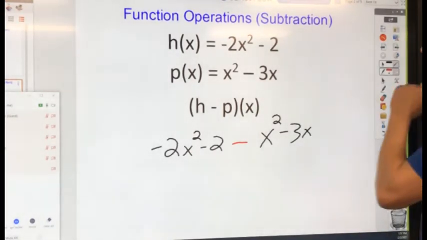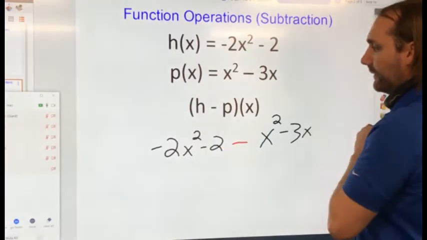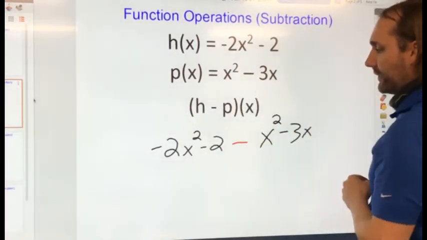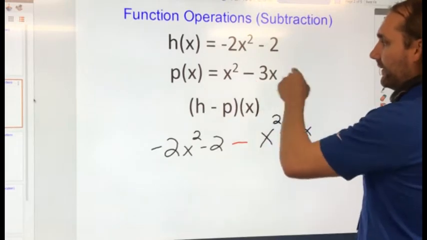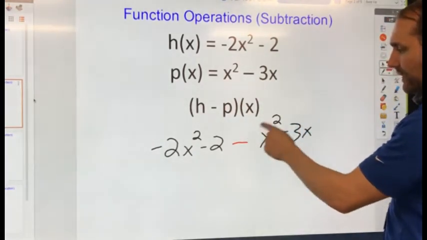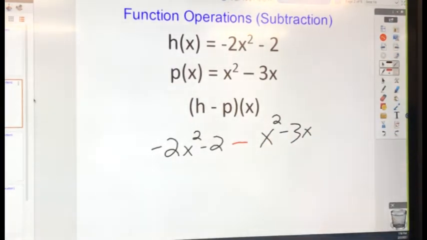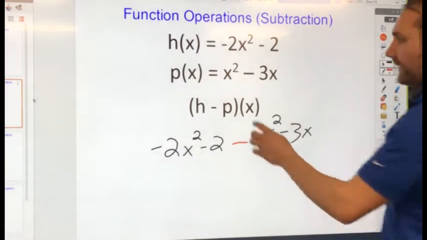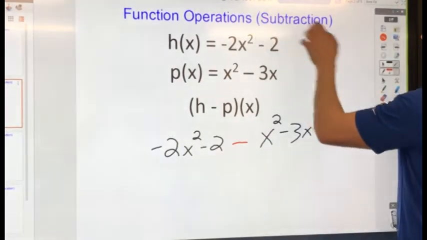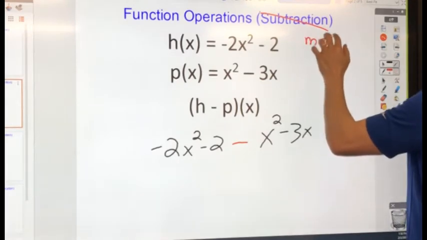Notice that may be how the notation looks, h minus p, just two functions separated by a subtraction. But what did I do to p of x here? I have x squared minus 3x, and I changed the sign of x squared, but I did nothing else to the negative 3x. What this really is saying is more of a multiplying than a subtraction.